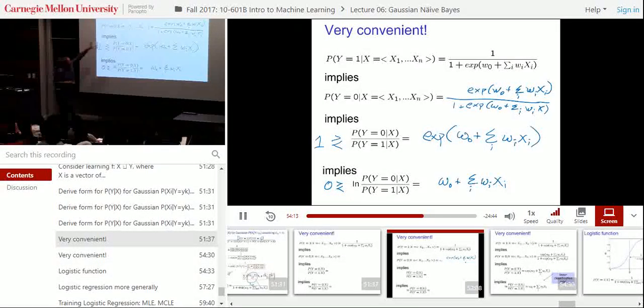Although the probability will, of course, follow that form, if we just look at which probability is greater, that's going to give us a linear separator in the Euclidean space that x lives in.